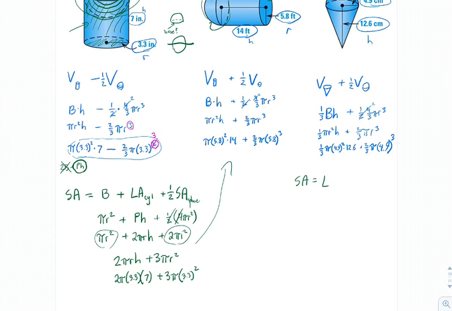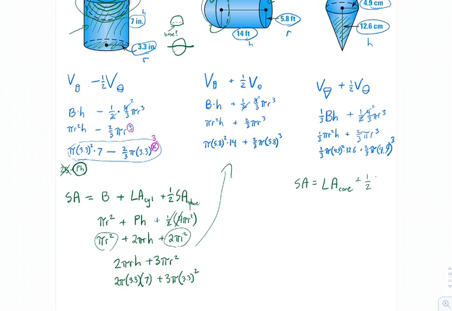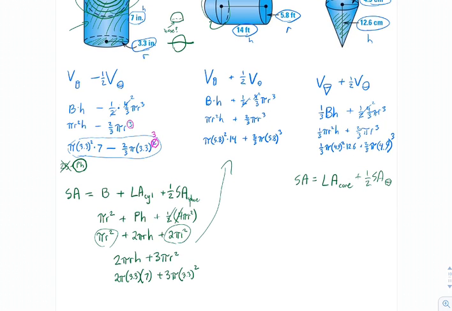Let's see, so we've got the lateral area of the cone, right? Just the outer portion, no base. And then we have plus half the surface area of a sphere. So with a cone, I know it's base plus 1/2 PL. That's with every pyramid or cone. So I'm going to ignore the base and just use the lateral area.